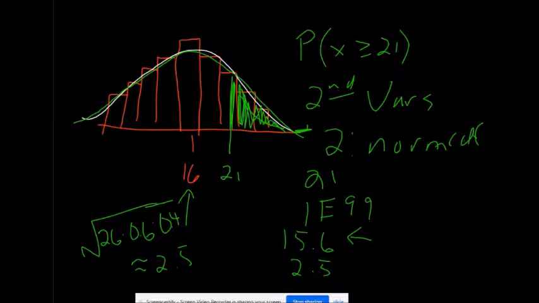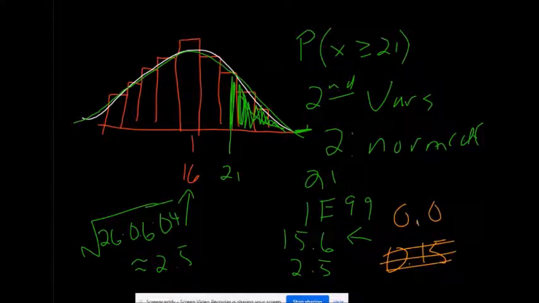You get something around 0.15. I'm sorry, nope, 0.015. I forgot a zero. So about 1.5% of the time, I'll win 21 hands or more. So not too good of odds, but you know, it's possible.